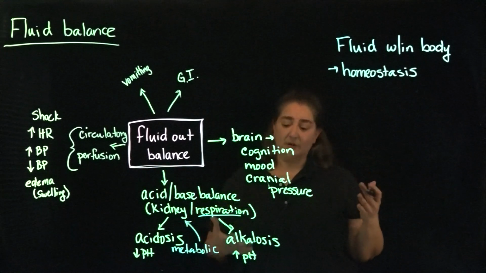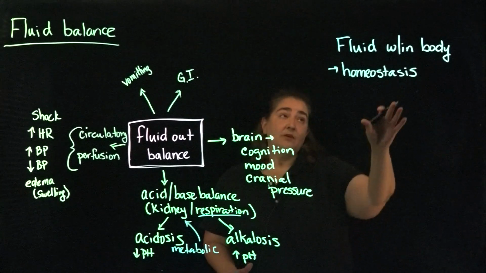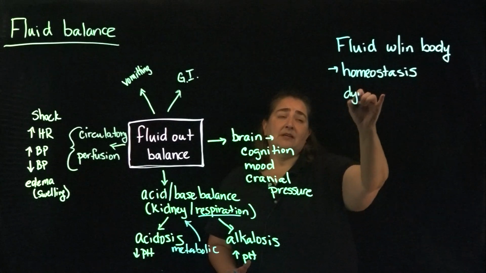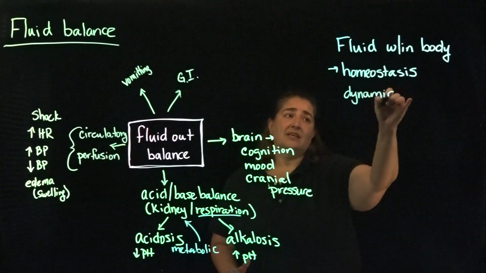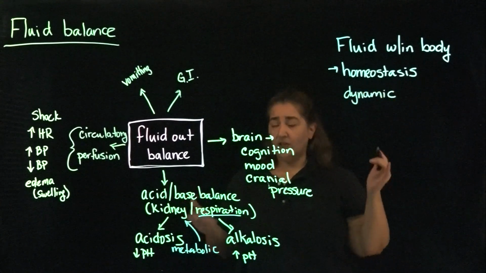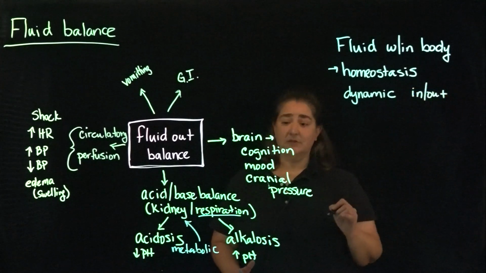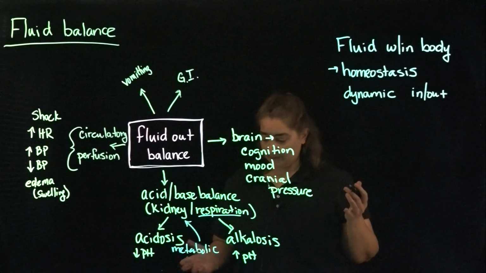In this case, we're talking about fluids. But fluid regulation within the body is dynamic. It's not a static process. You've got fluids that go in, fluids that come out.